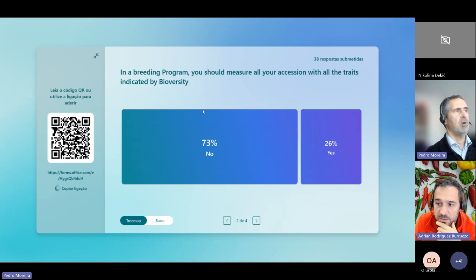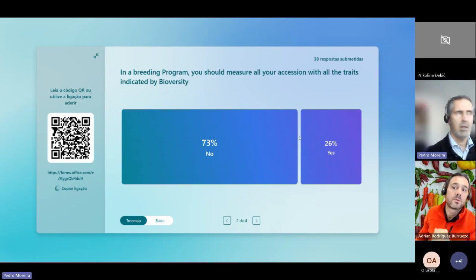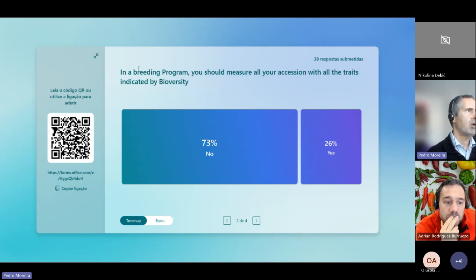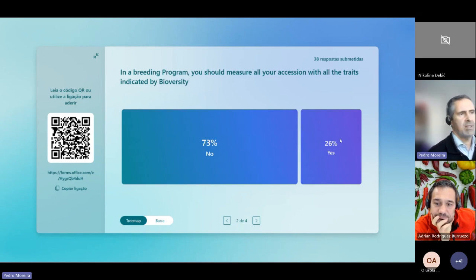In a breeding program, you should measure all your accessions with all the traits indicated by Biodiversity. And well, we have this 73% and the 26%.